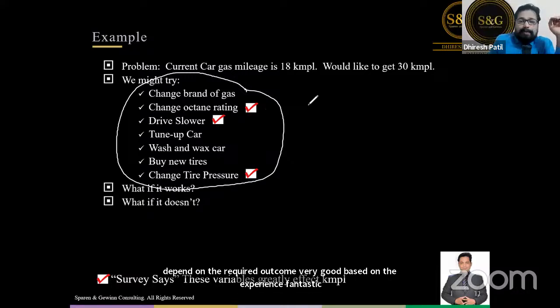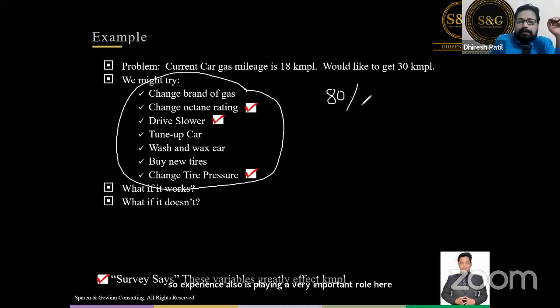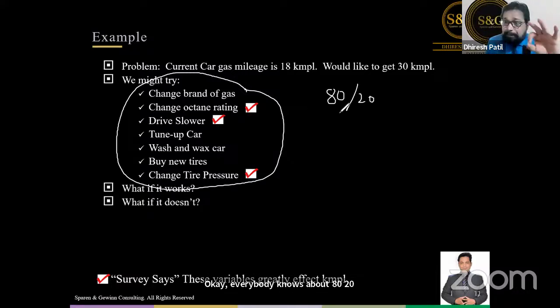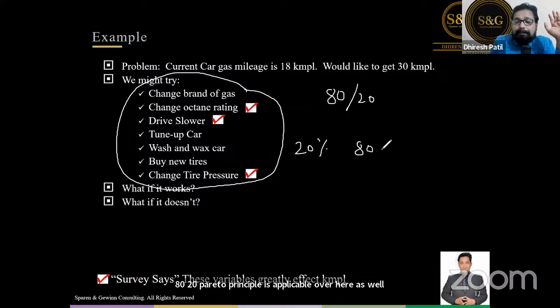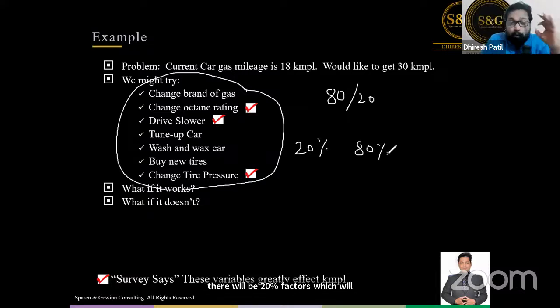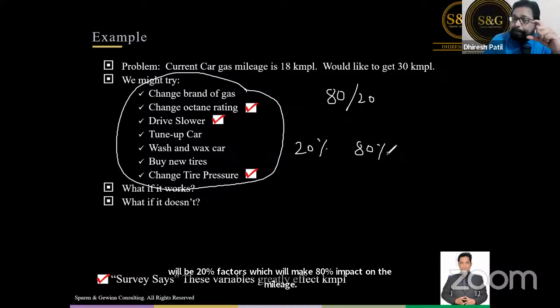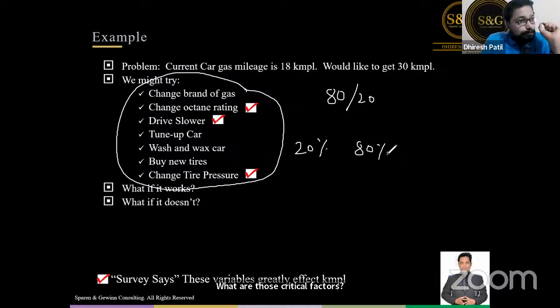Everybody knows about the 80-20 principle, right? The 80-20 Pareto principle is applicable over here as well. There will be 20% factors which will make 80% impact on the mileage. What are those critical factors? Experienced people can immediately tell you.